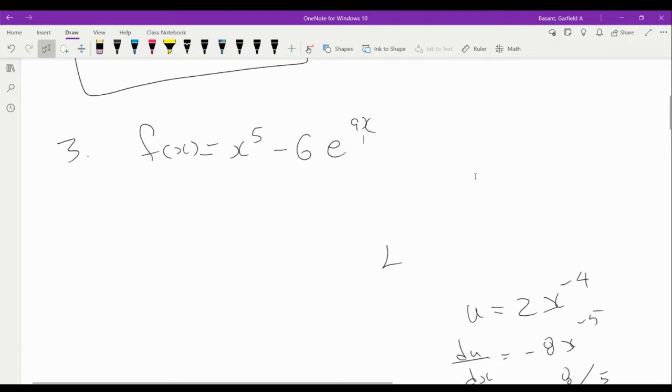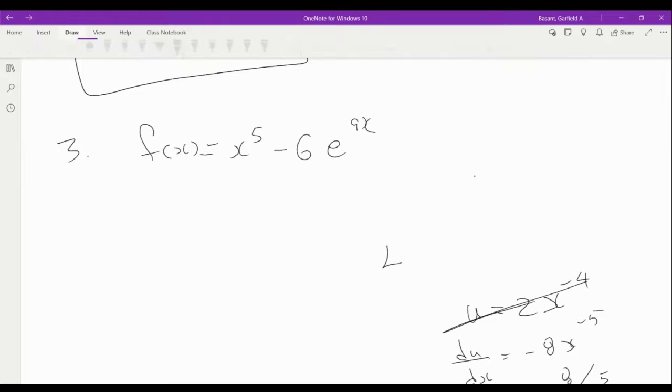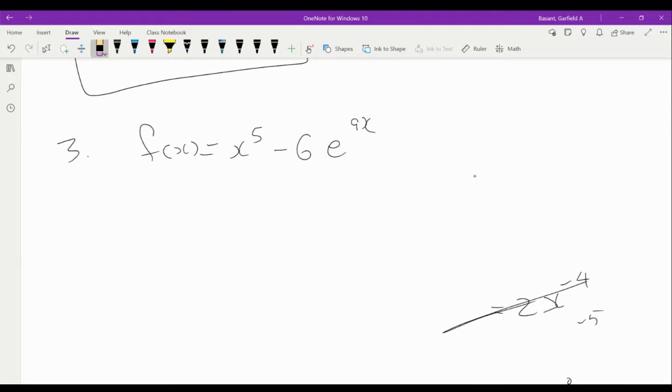Find the derivative of that. We're finding the derivative of that.